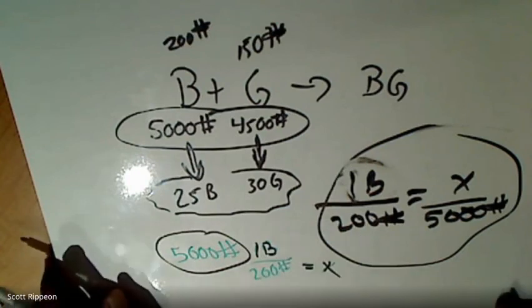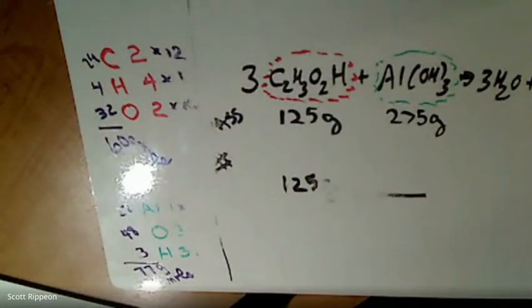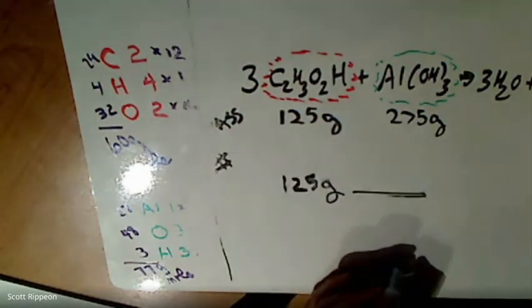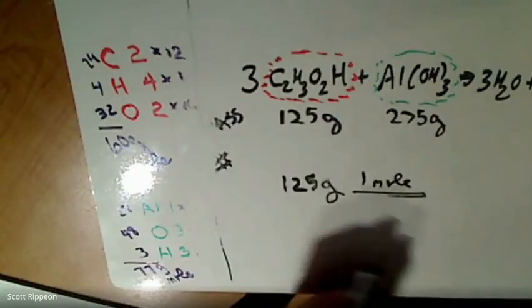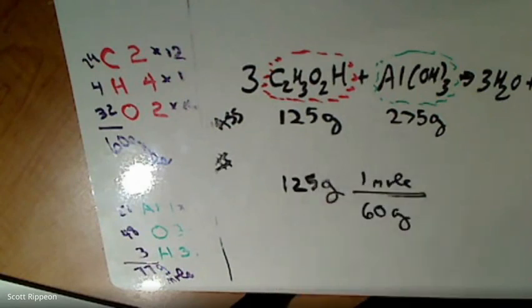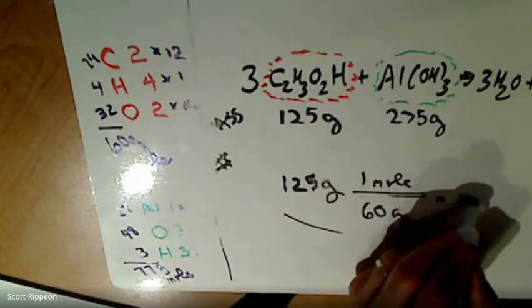Well, we're going to do the exact same thing here, except it all got erased because I put this board on top of it. So it's 125 grams times 1 mole over 60 grams. Take a look at that and make sure that makes sense, because that's going to equal our number of moles.